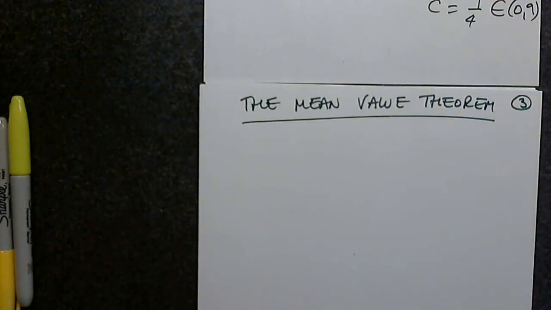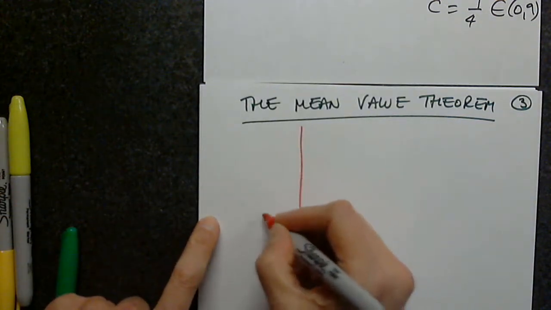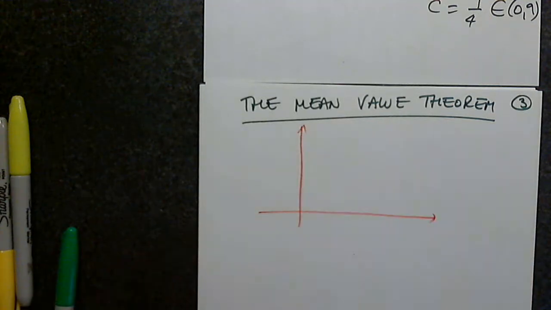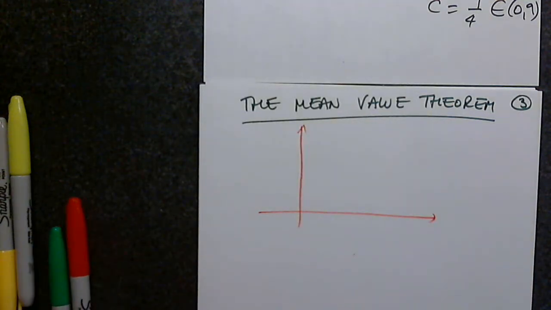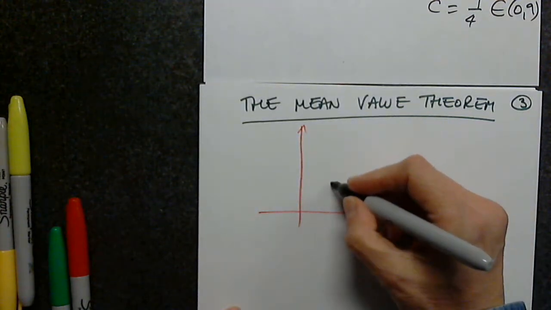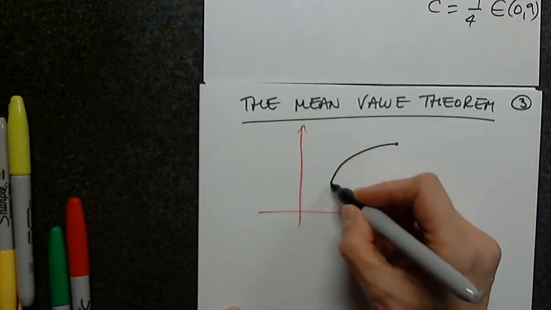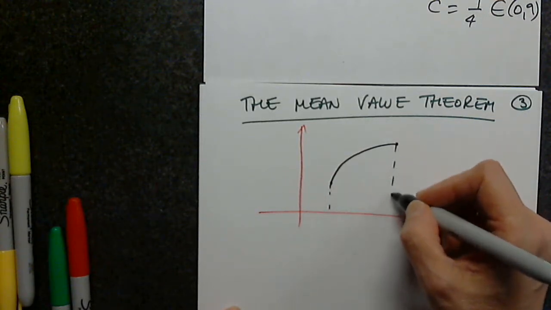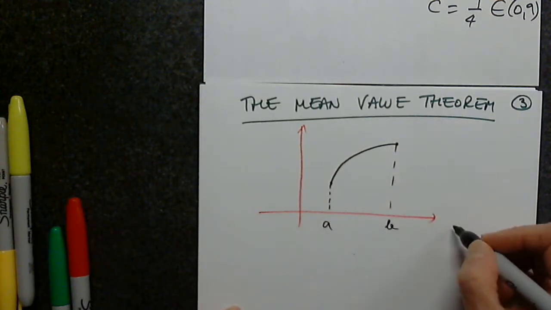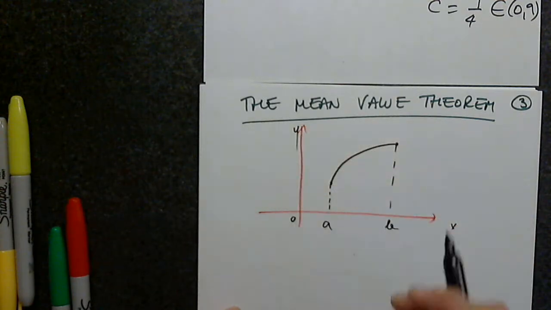The mean value theorem. Let's look at the graph and decide together what's happening here. Here's the graph. There's no requirement for starting and ending at the same point. This is still on a comma b. This is still f of x.